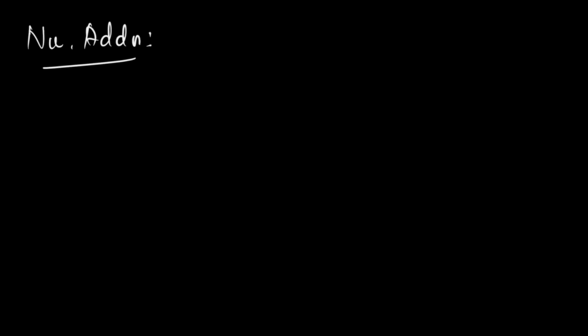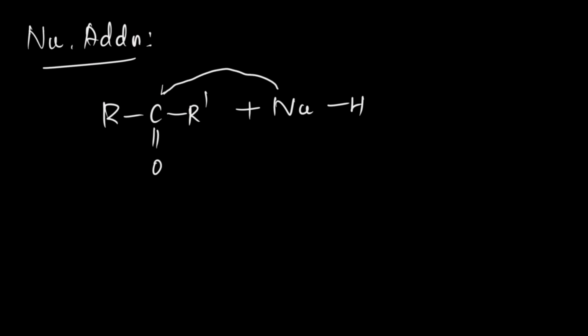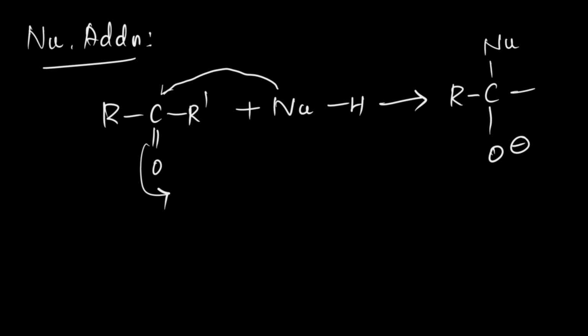Nucleophile is electron rich, so it is attacking the carbon. The product goes via O minus and then the nucleophile with R dash.